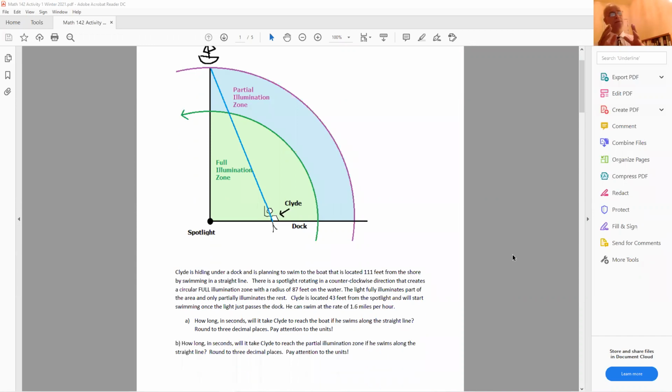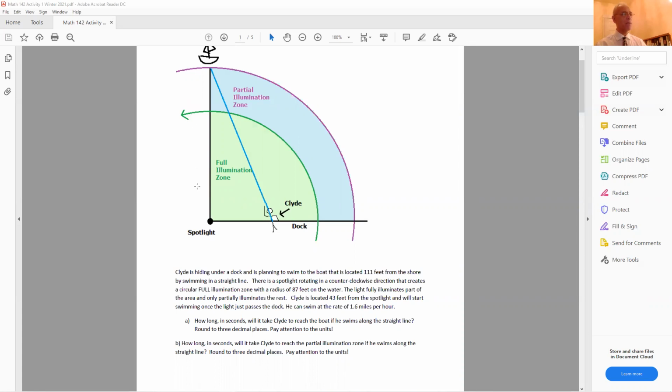Of course, you may have slightly different numbers than I do in this copy right here. So we have Clyde wanting to swim on a straight line towards the boat. There is a spotlight right here that makes light in a circular manner.